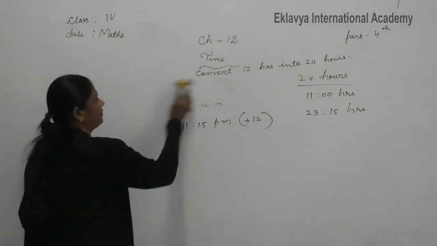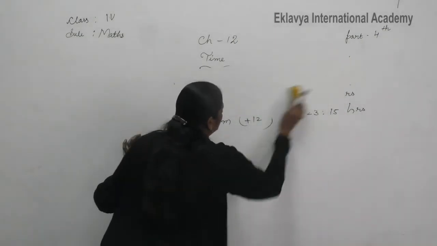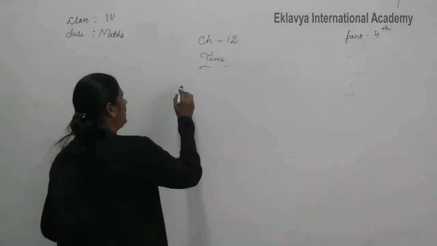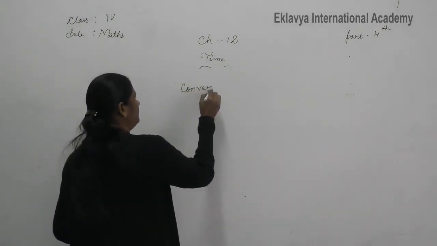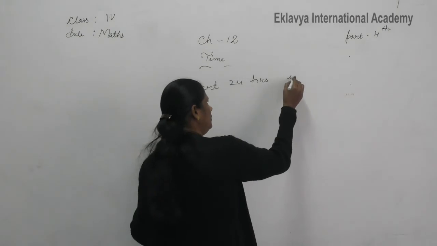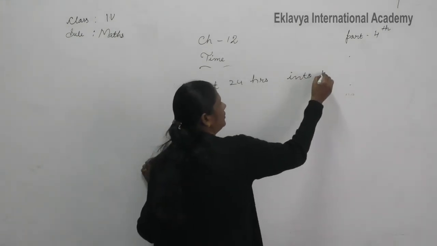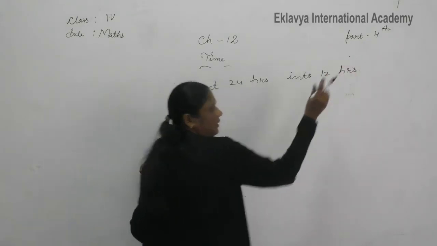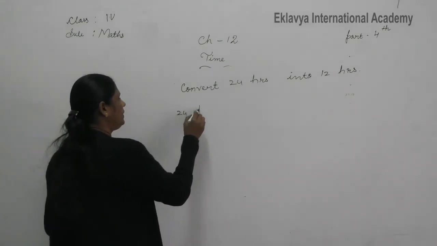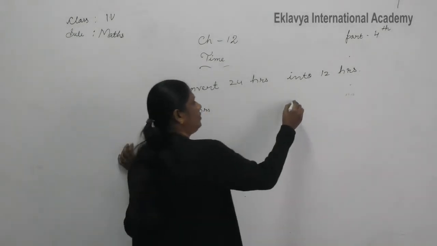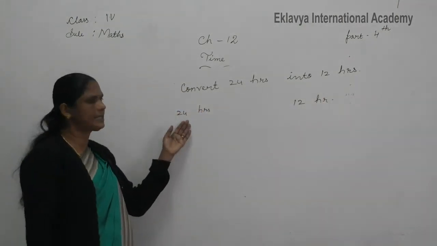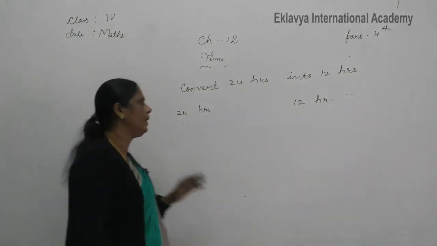Next, convert 24 hours into 12 hours. Just the opposite of this. Here 24 hours time, here 12 hours time.